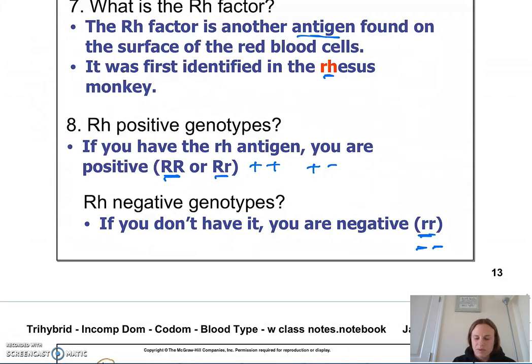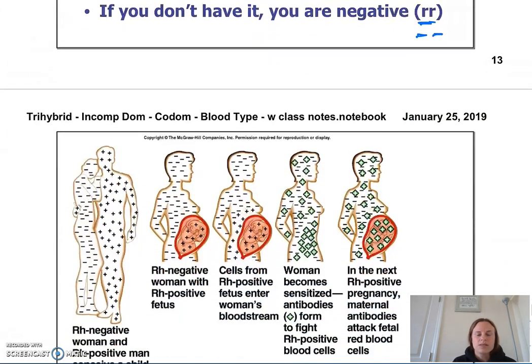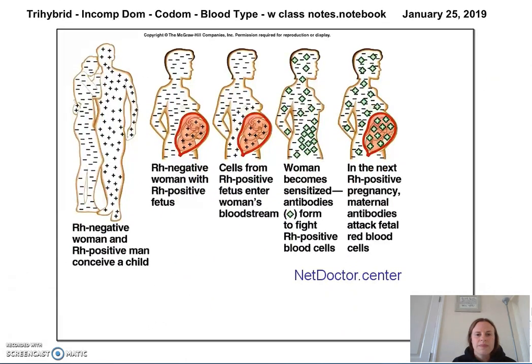Now, when does this pose an issue? It poses an issue with pregnancy. Let's say I have a dad who's Rh positive and a mom who's Rh negative. The first time that woman is pregnant, there is a possibility that the fetus is Rh positive. That's fine for the first pregnancy. During birth, the fetus's blood and the maternal blood mix.